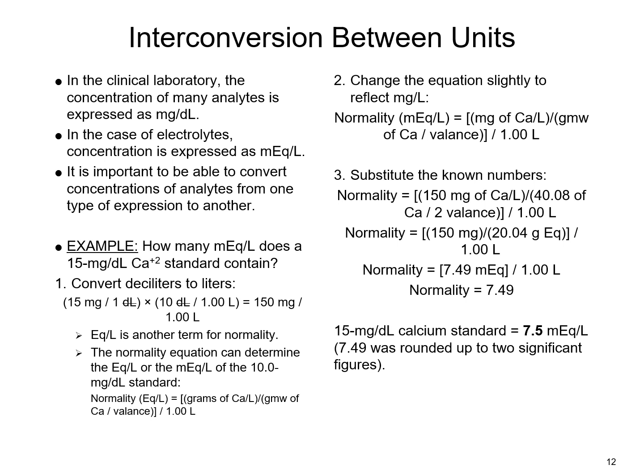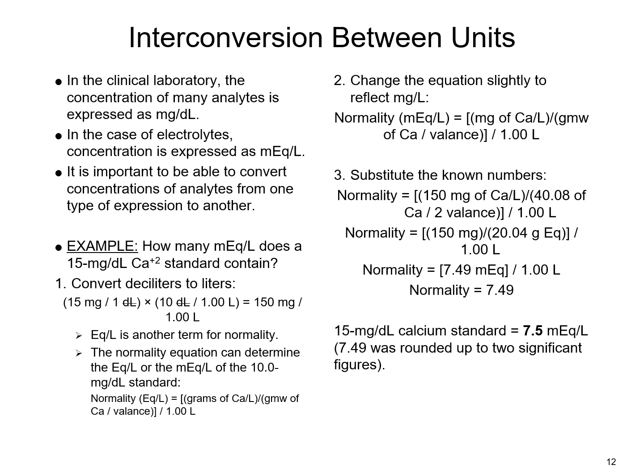Equivalents per liter is another term for normality. So by using the normality equation, we can determine the equivalents per liter or the milliequivalents per liter of the 15 milligram per deciliter standard. We use that normality equation with a slight modification to it, and you can read the details of that in your textbook.